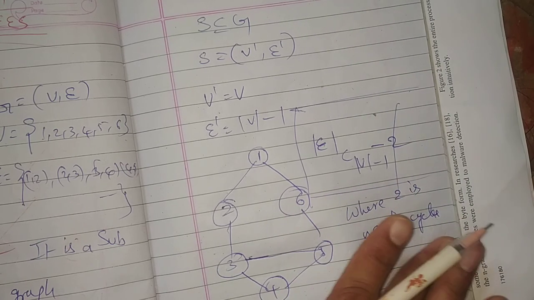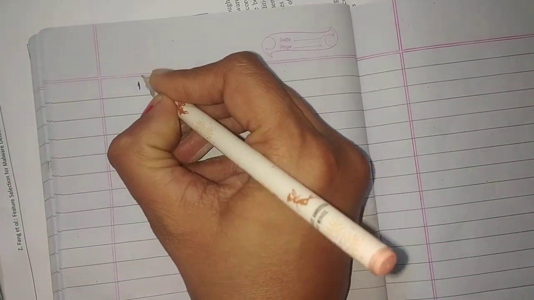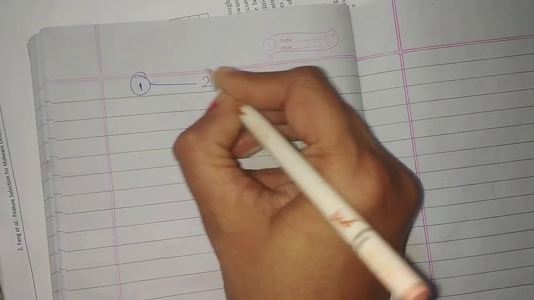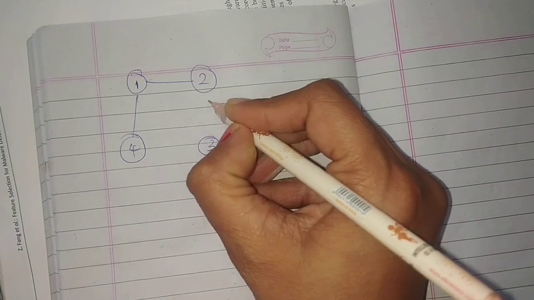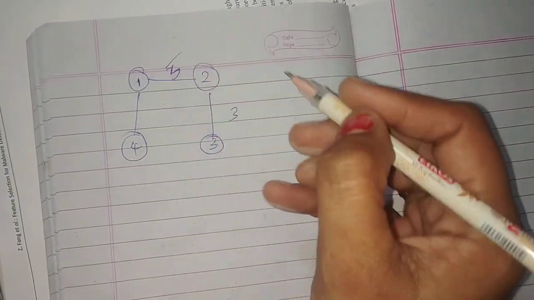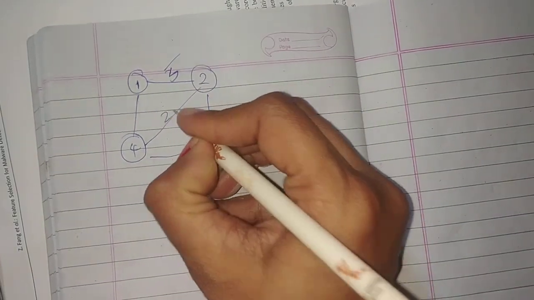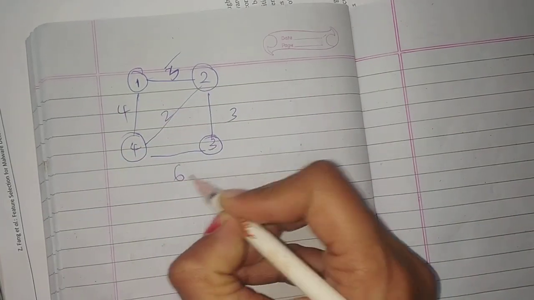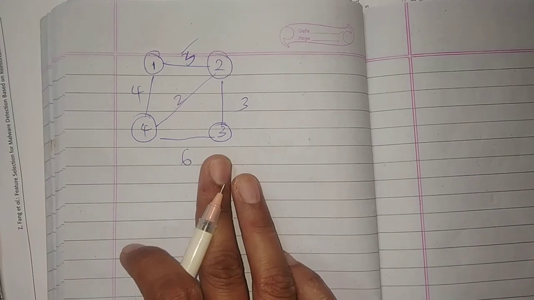And for example, with a weighted graph, if you take one example, this is a graph with weighted edges here.